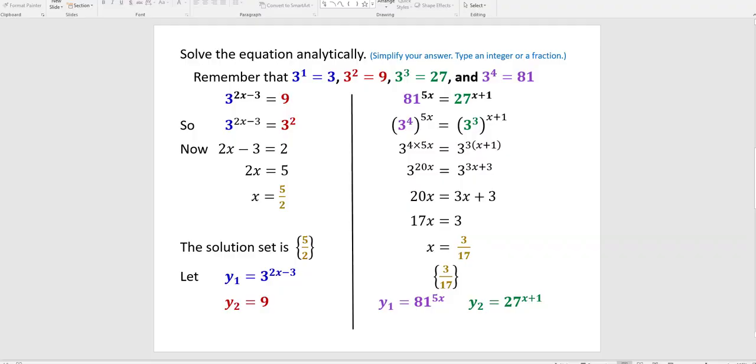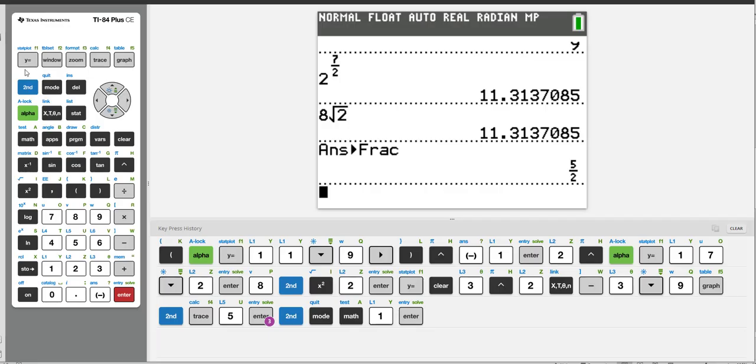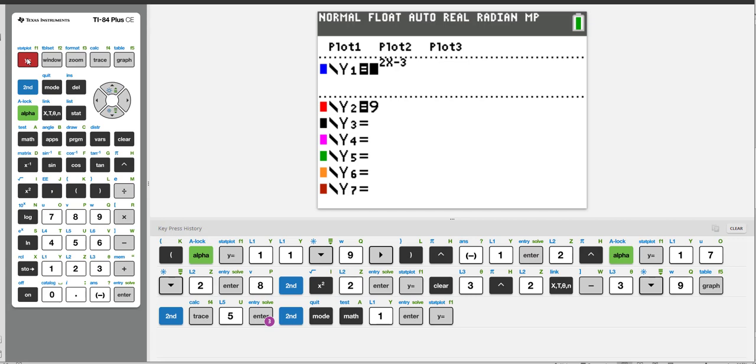To solve the second equation on the right using the TI-84 calculator, press y equals. Press clear to clear y1. Type in 81 and the caret key. Type in 5x and press the down arrow.